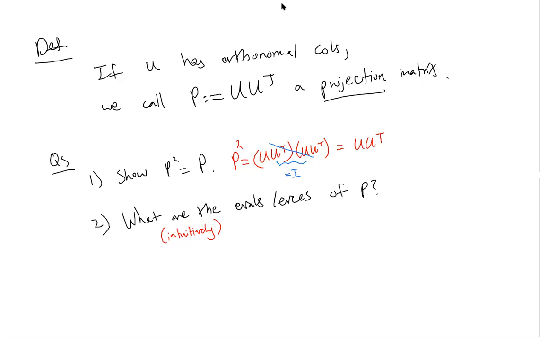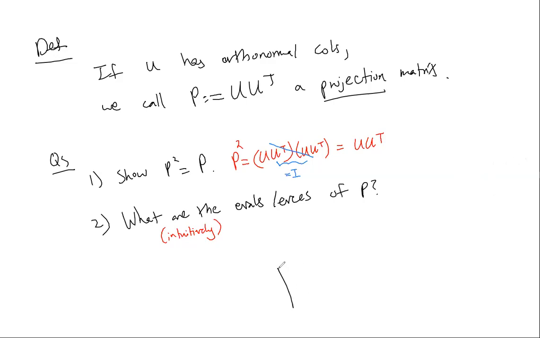What do people think are the eigenvalues and eigenvectors of P? One and zero was suggested. Would the eigenvalue just be one and the eigenvector just R to the n? Yeah, so you do have an eigenvalue of one and you also have an eigenvalue of zero. And there's more than just a single eigenvalue, so we should separate the eigenvectors, right?